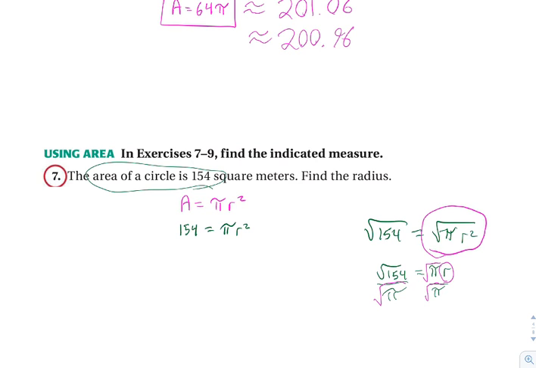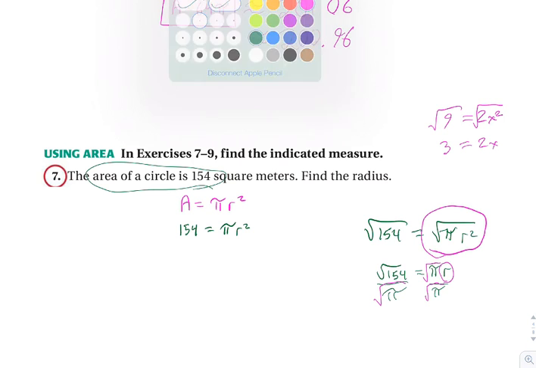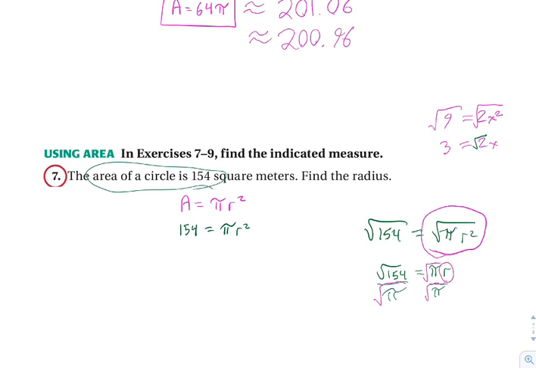So that's a common mistake. It's analogous to if we had 2x squared equals 9. You could not take the square root of both sides and get 3 equals 2x. You would get 3 equals the square root of 2 times x, because the square root would apply to both of those. Anyways, that was a separate note.